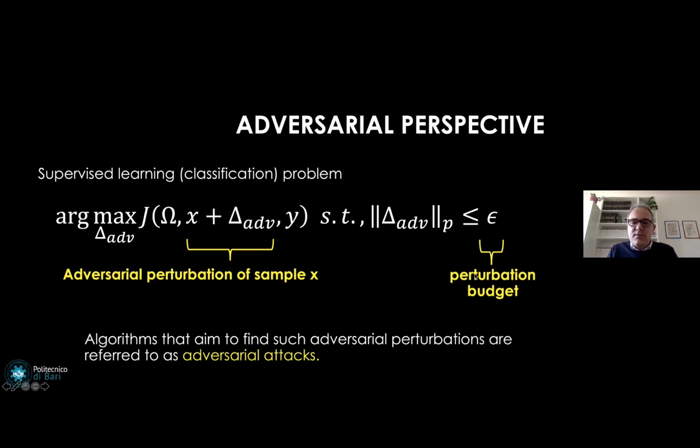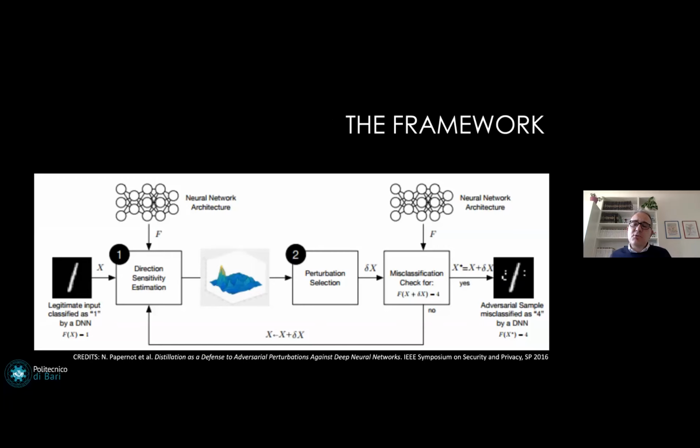Usually this value of epsilon is quite small, and algorithms that aim to find such adversarial perturbation are what we call adversarial attacks. So this is a possible framework for adversarial learning.